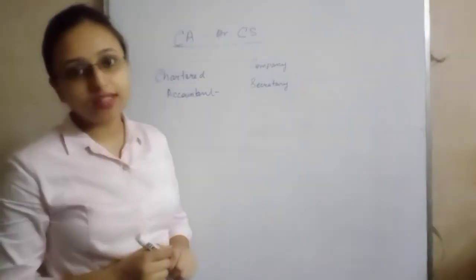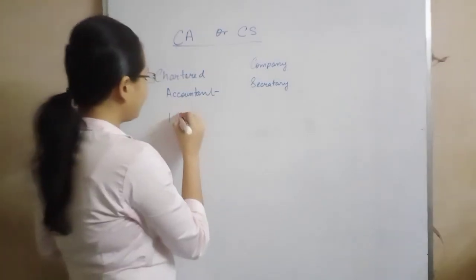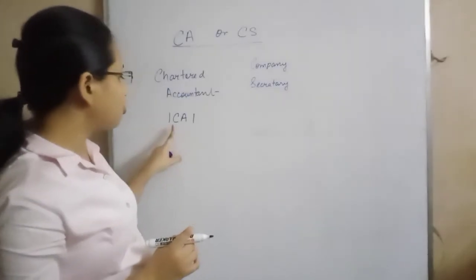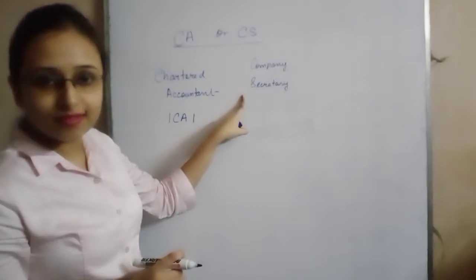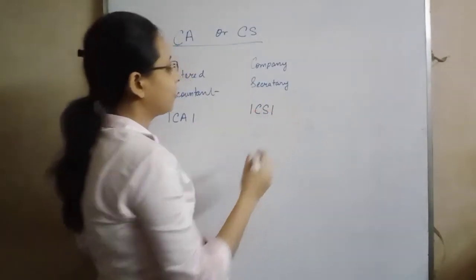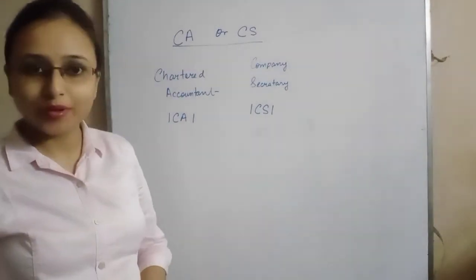CA, that is Chartered Accountant exam, is conducted by ICAI, that is Institute of Chartered Accountant of India, and CS is conducted by ICSI, Institute of Company Secretaries of India. Okay.